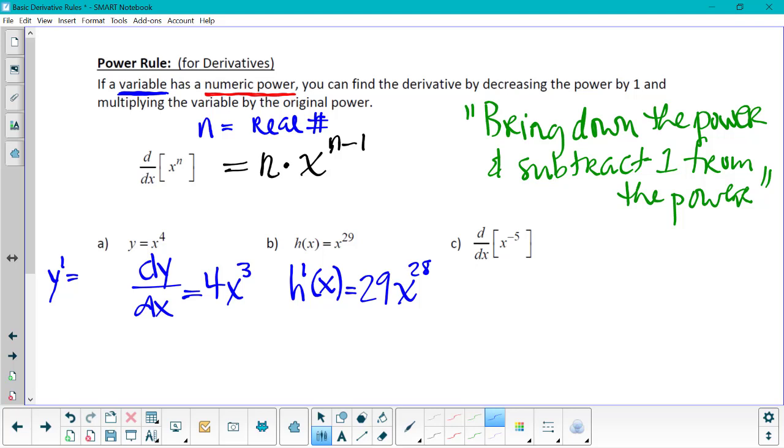Okay, and then we have finding the derivative of x to the negative 5th. So now my exponent is an integer, but it's negative. Here you basically don't rewrite anything. You're just saying, what do you get when you take the derivative of that? So we're going to bring down the power, negative 5. Now, here's where you have to be careful.